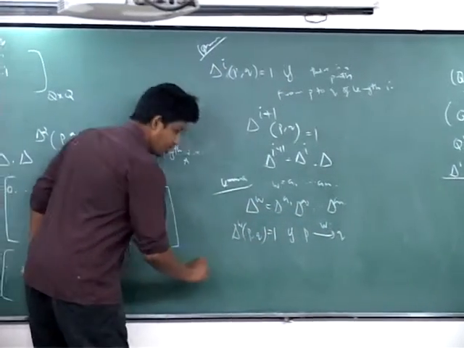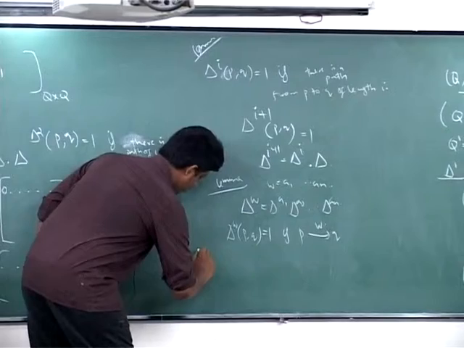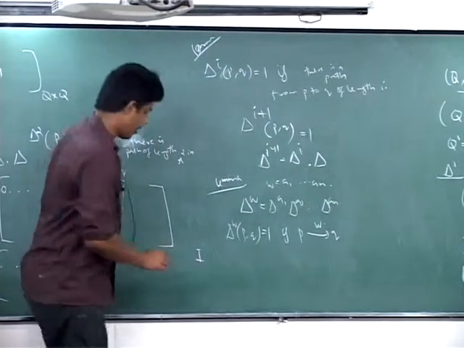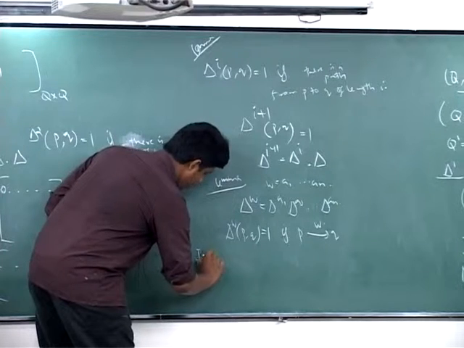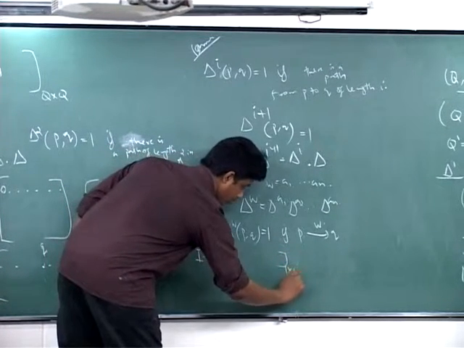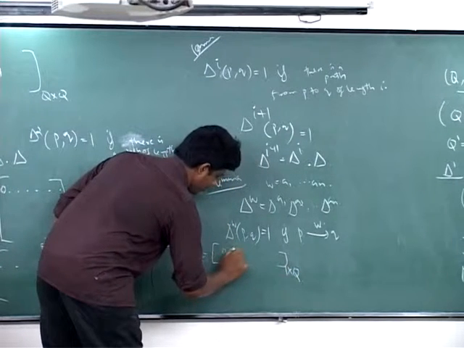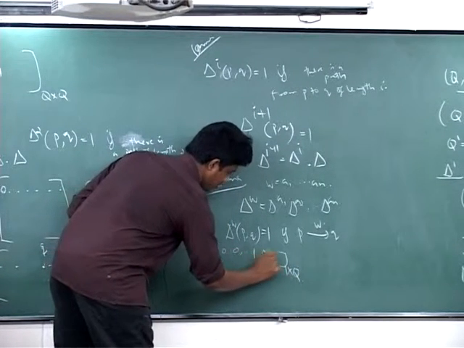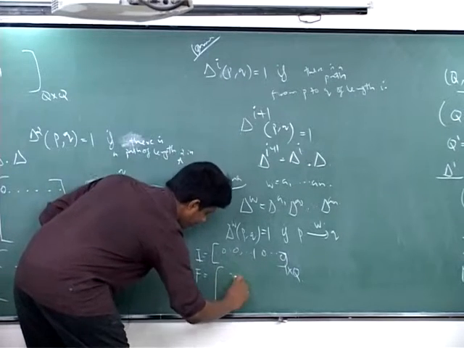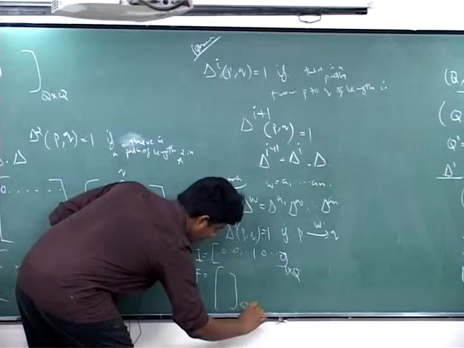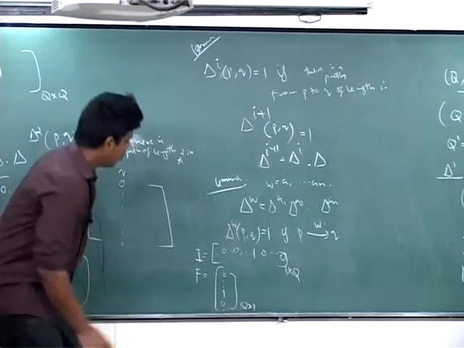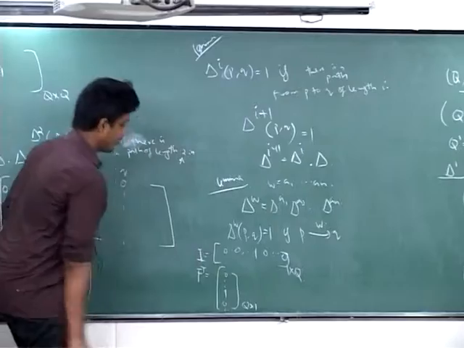Now, given I, the set of initial states, I can represent I as a row vector of size 1 cross Q, and F as a column vector, Q cross 1, or rather F transpose.